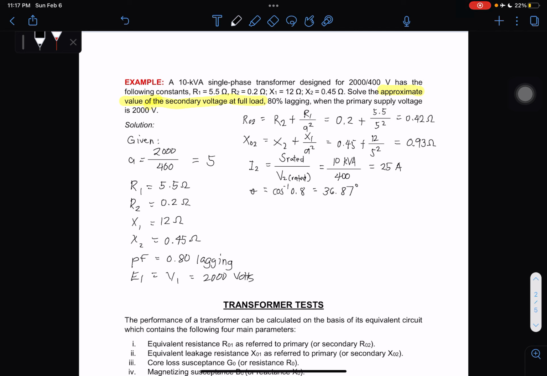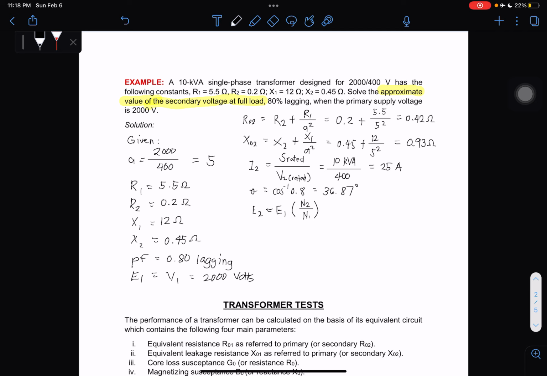To solve for our secondary voltage, E2 is equal to E1 multiplied by N2 over N1. You can find this formula in module 1.